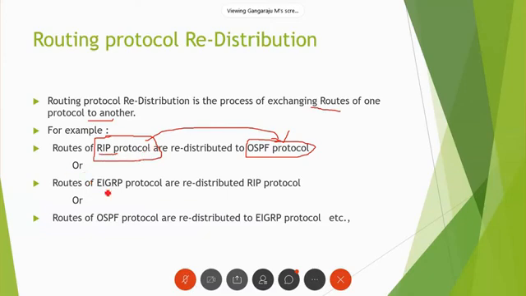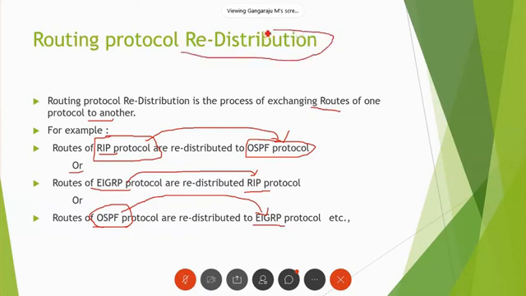Similarly, another example: the EIGRP protocol sending routing updates to the RIP protocol, so RIP is learning from EIGRP. Or the OSPF protocol sending its routes into EIGRP. We're only talking about one protocol sending the routes to another. This concept is called redistribution.